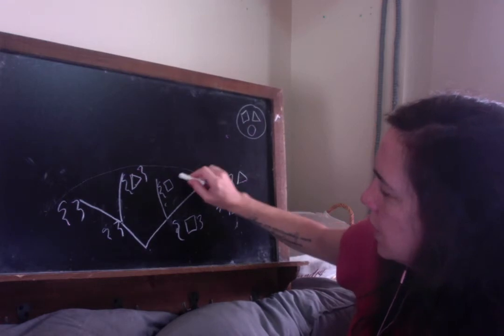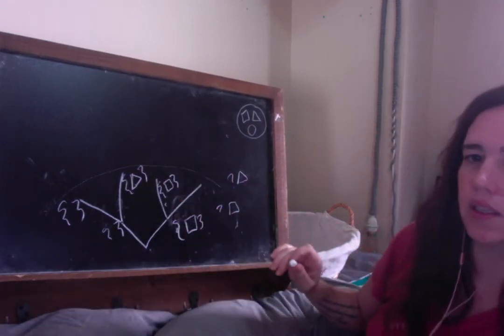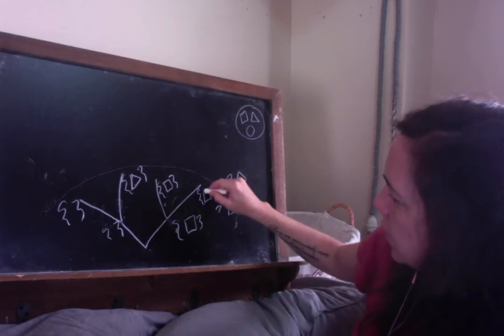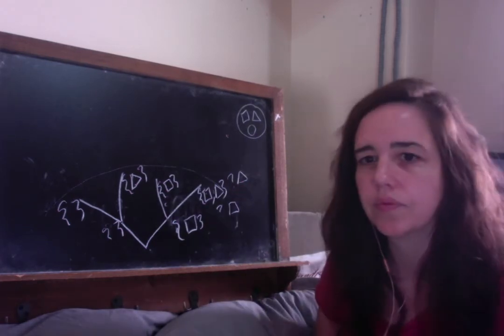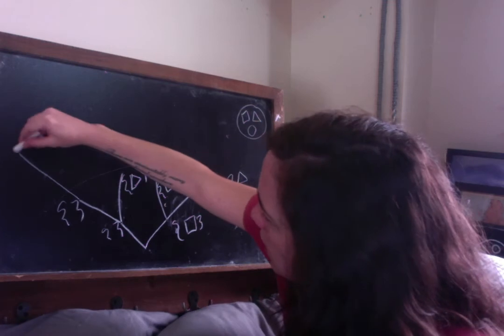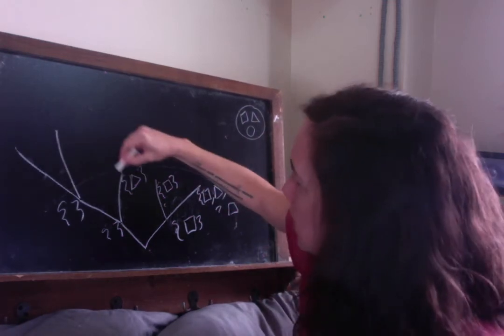Oh, I'm not going to do anything. To the left, I don't do anything. To the right, I add the level in question. So square, triangle. And then we have one more decision to make, and that's about the circle.